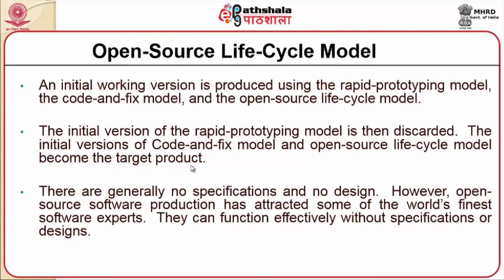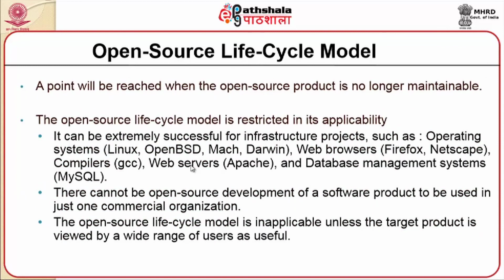However, open source software production has attracted some of the world's finest software experts. They can function effectively without specifications or design, and today's generation, most fortunately, prefers to go in for the open source lifecycle model. A point will be reached when the open source product is no longer maintainable. So the open source lifecycle model is restricted in its applicability.